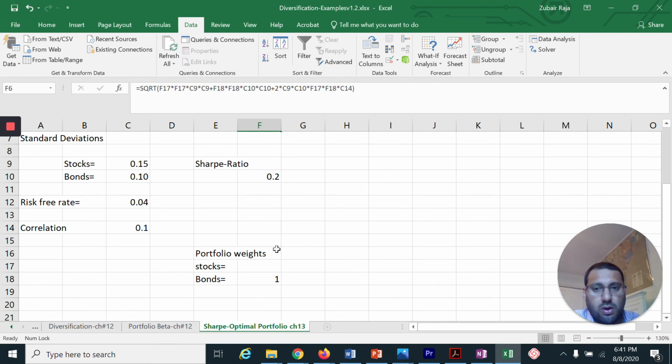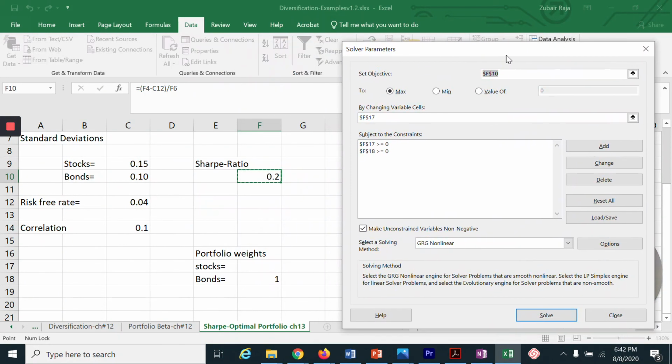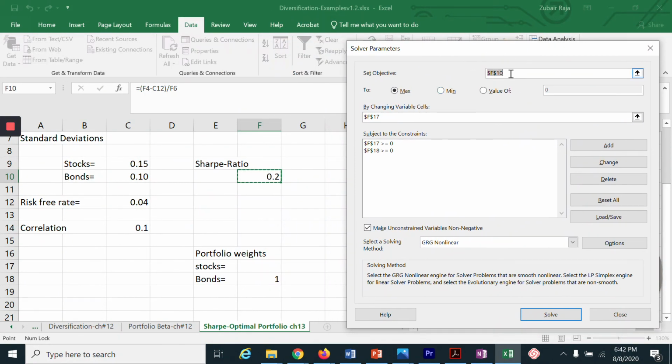I'm clicking this Sharpe ratio cell, where I have used the formula of the excess return: the expected portfolio return minus the risk-free rate divided by the standard deviation of the portfolio. I am asking the solver to give me the maximum value in F10.